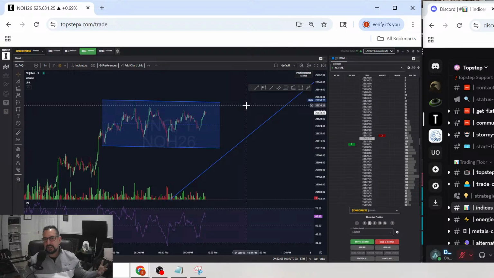Versus in NQ or something else, you can do 50. So I think because the price per tick is so much higher, it's 5 times the amount, you can only trade half the amount of contracts you could on an NQ or an ES or something like that.